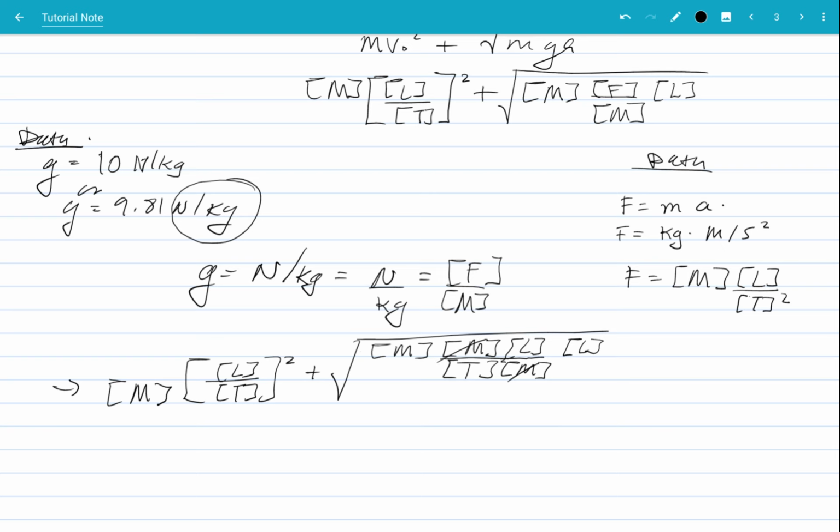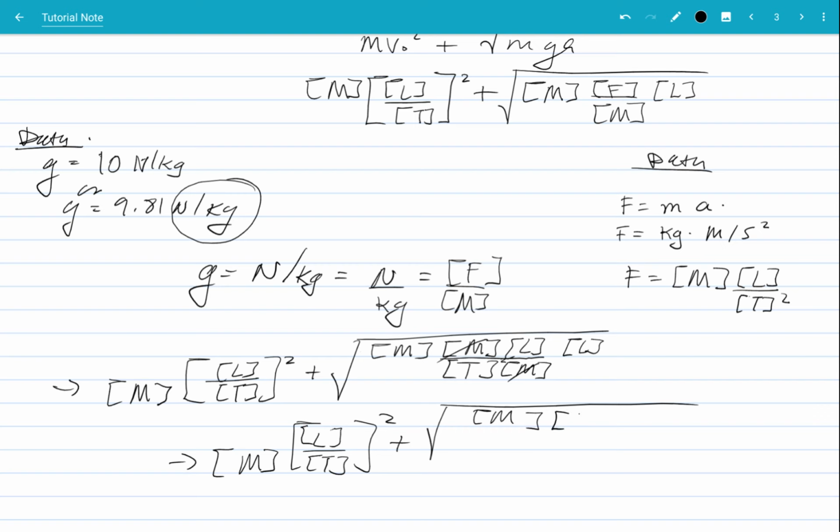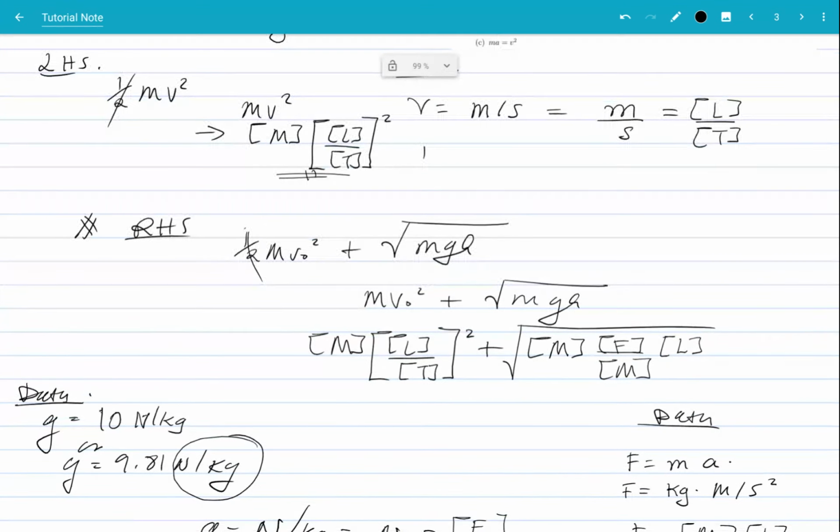If I cancel this with that, I end up having this. It's a matter of showing the examiner that you know what you're talking about. As we can see visually, these dimensions will not be the same. I'm remaining with one of the masses, then we get the time squared, boom.